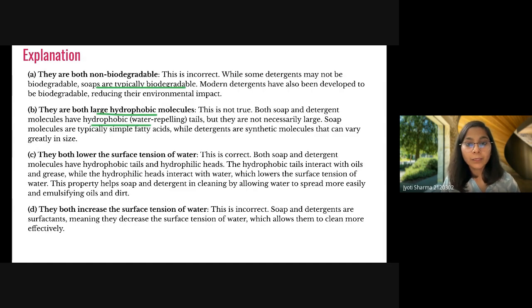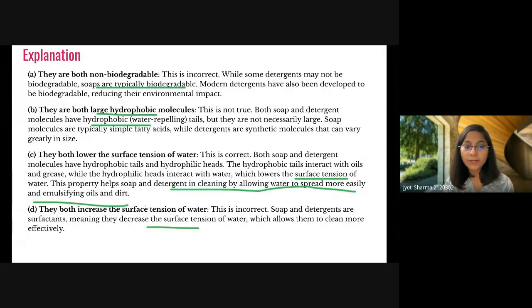Then they both lower the surface tension, yes, and this property helps in cleaning by allowing water to spread more easily and emulsifying oil and dirt. So this is the useful property of detergent and soap, and this is incorrect, because the work of soap and detergent is to decrease the surface tension of water. Okay, so C is the right answer.